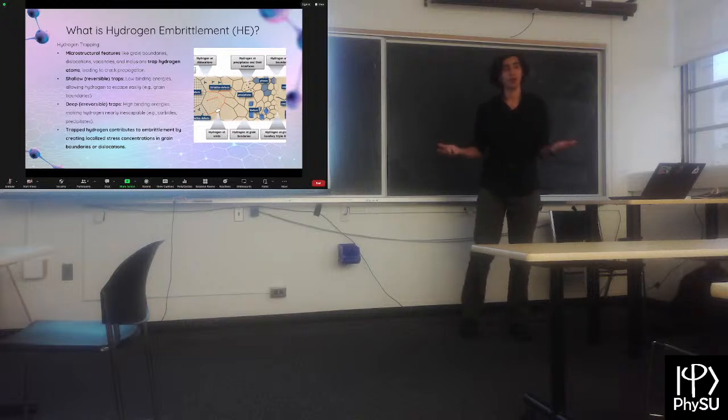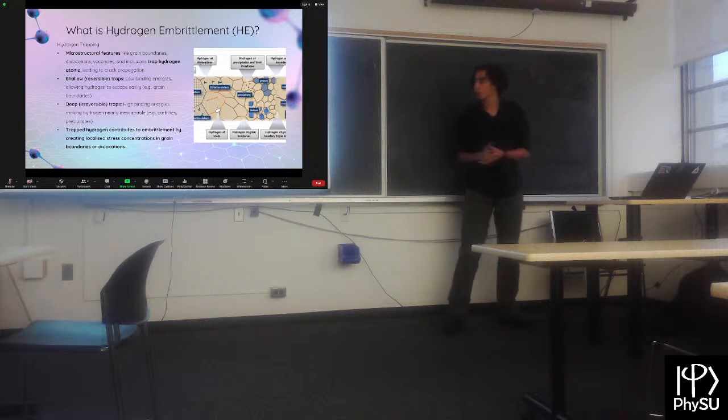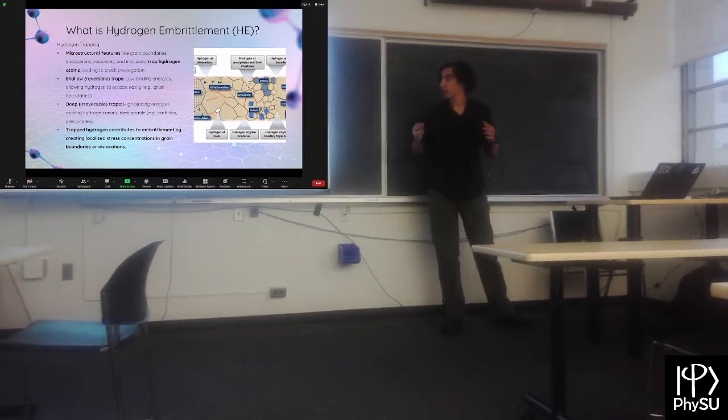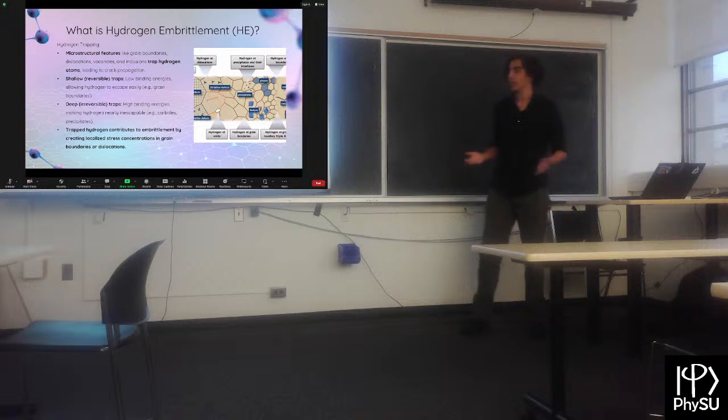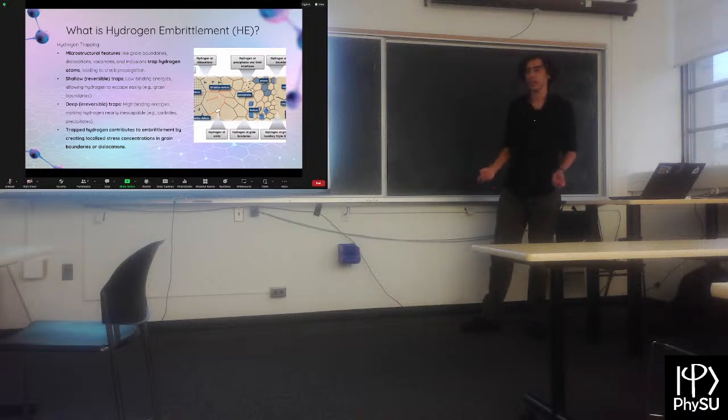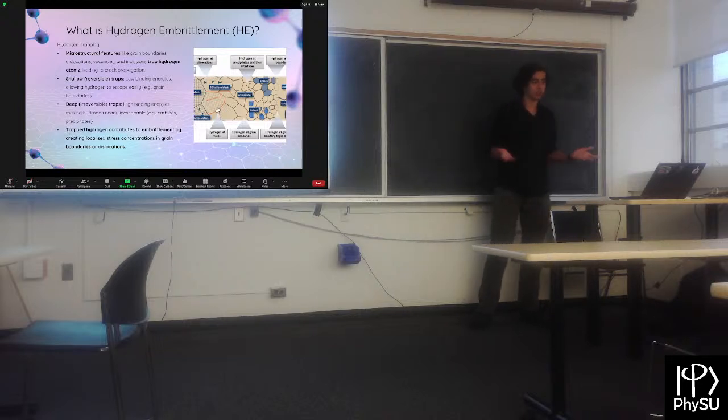Those are like grain boundaries. And then we also have deep or irreversible traps. These make hydrogen almost inescapable. The moment hydrogen diffuses into this trap, it cannot leave and will continue to do the damage that it does. That's the main thing with embrittlement, that it's irreversible most of the time.